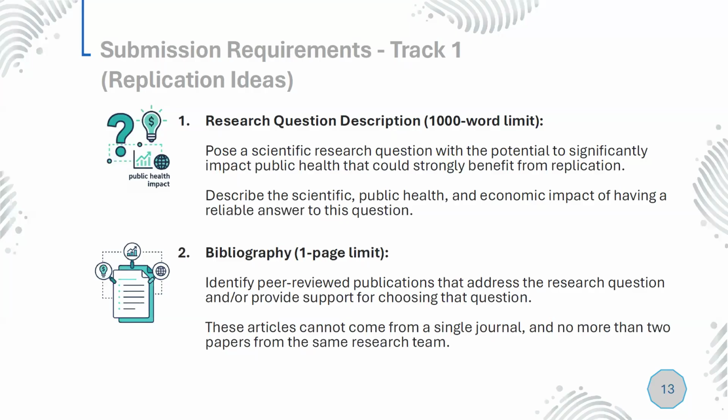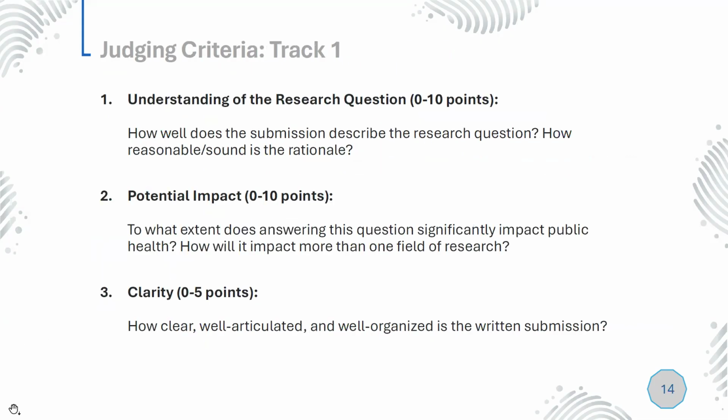Gray literature that supports arguments, like blog posts or social media posts or other editorials that can justify the research question, are welcome, but they are not the primary supporting documentation. So we do need that bibliography of some peer-reviewed material to explore that research question. And I believe that is all on this.